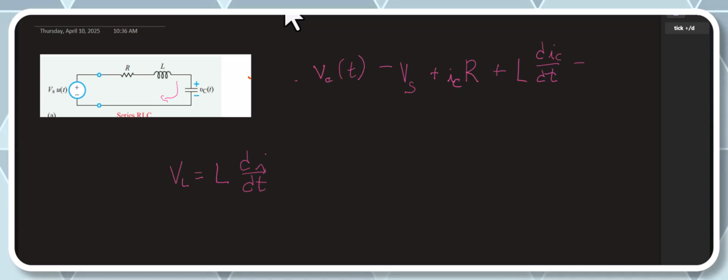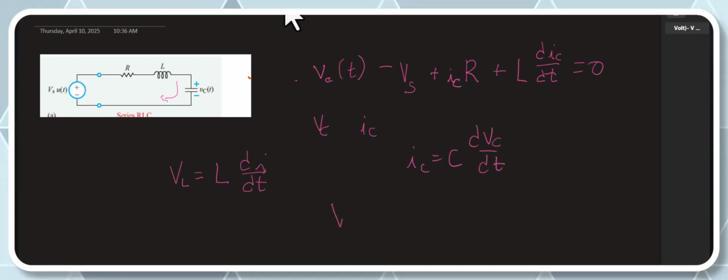And this has to equal 0. My problem is now I've got two functions in here, I have VC and I have IC. But that's okay. I know a relationship between those two. I know that IC is C dVC dt.